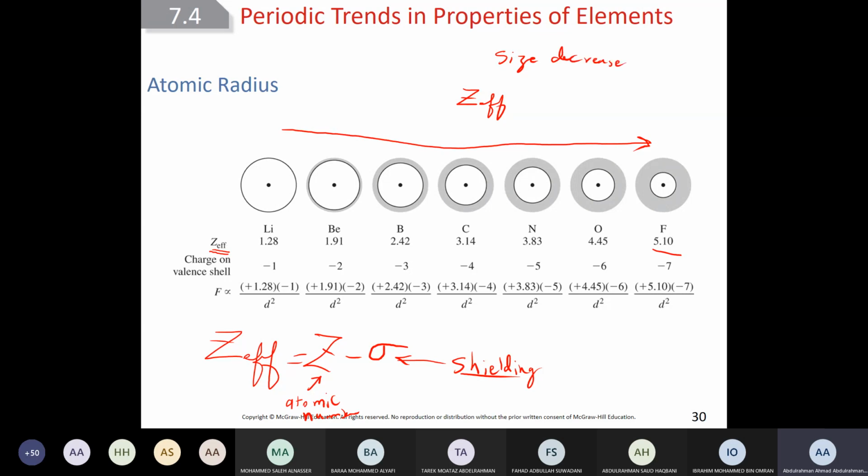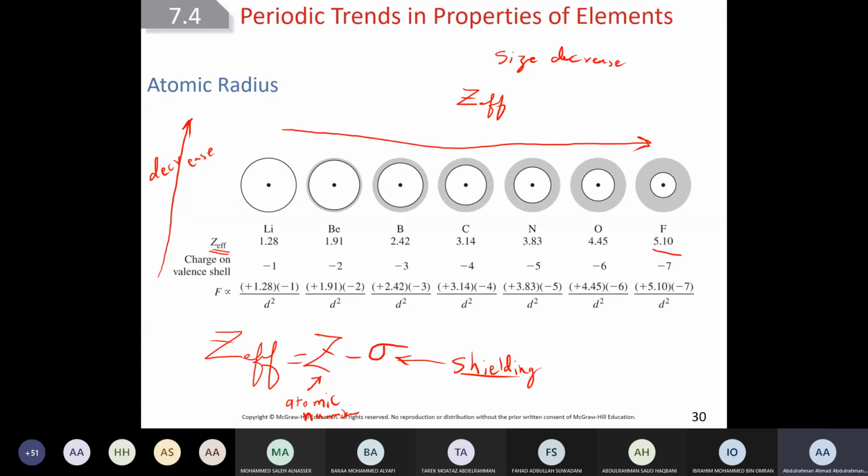And then, of course, if you go in the periodic table from bottom to top, what's happening to the size? It will increase. No, if you go from bottom to top, decrease also.